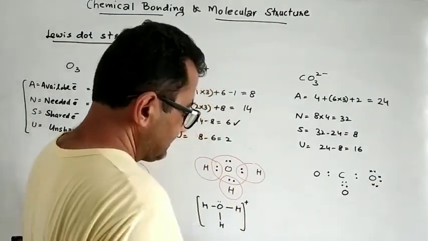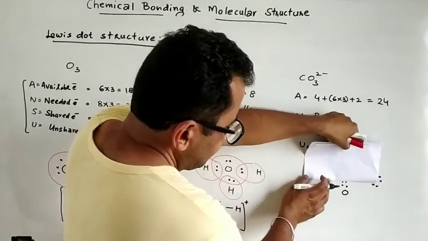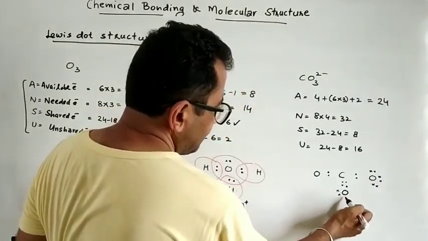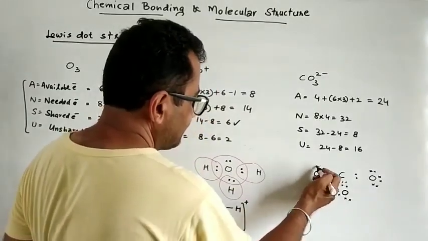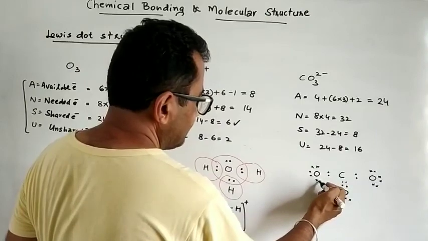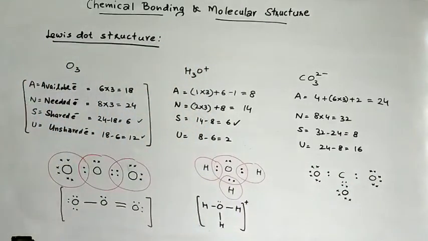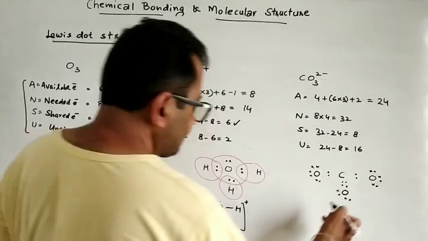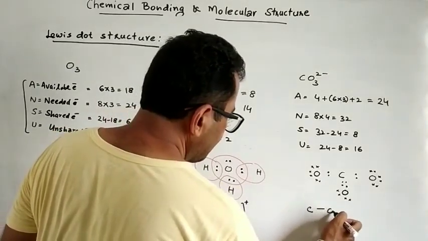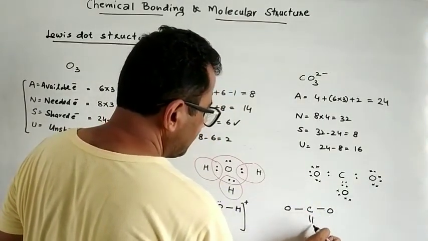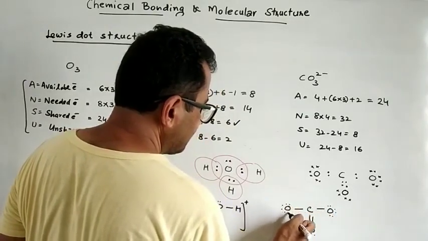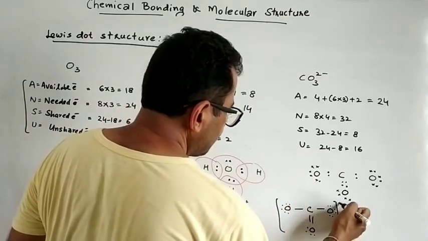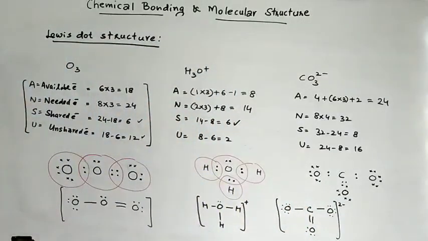This oxygen has 4 electrons, as you can see here, so give it 4 more. This oxygen has 2 electrons only, give it 6. Let's count, it will be 16. Okay, so now draw C, single bond O, double bond O, with 4 pairs, 6 pairs, and 2 net. So this is about the Lewis dot structure of molecules.